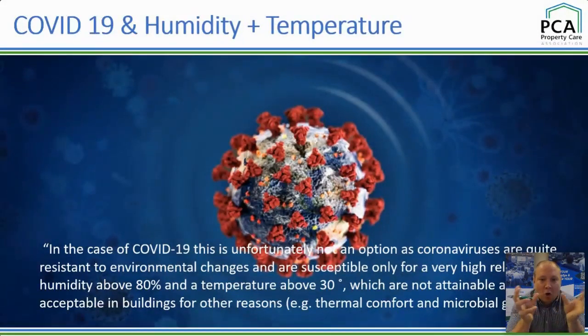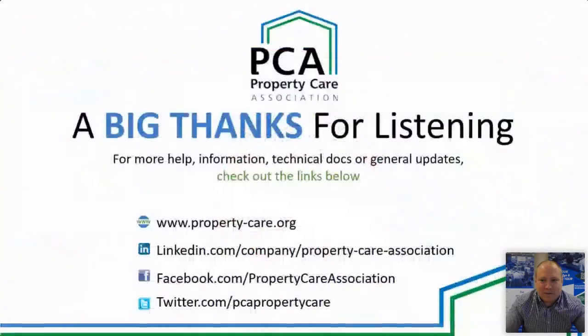But it's saying do not look for parameters of humidity and temperature, because what you'd need to achieve would not be adequate. Ventilation plays a very important part, but it's down to air exchange. Like I say, this is conflicting with other evidence that's out there, but it just goes to show it's new and everyone's still trying to find their feet with it. Very conflicting. So there we are.